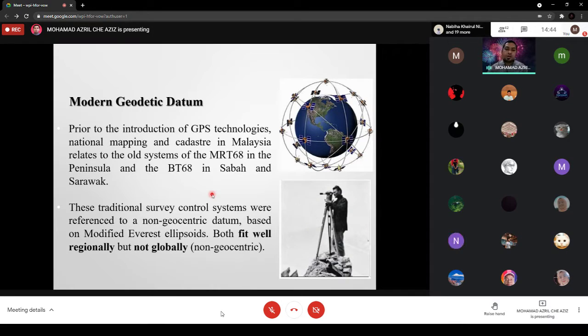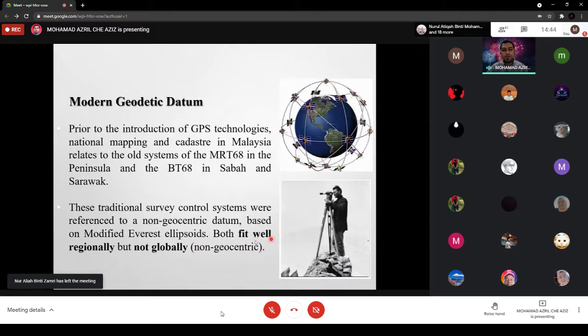So during that time, the survey department and surveyors in Malaysia started to use GNSS. But at that time it was very expensive compared to nowadays. This traditional survey control system was referred to a non-geocentric datum, based on the modified Everest ellipsoid.